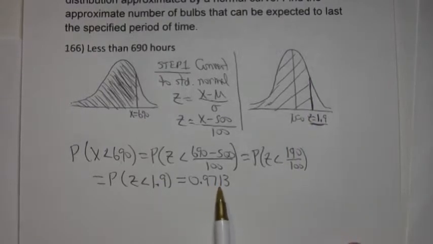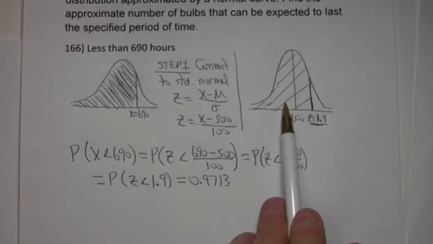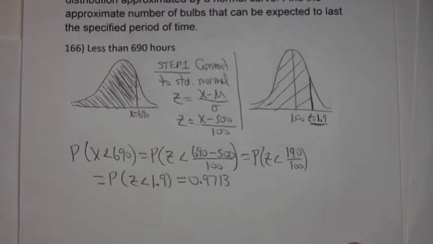That means about 97.13% of the bulbs will last less than 690 hours.